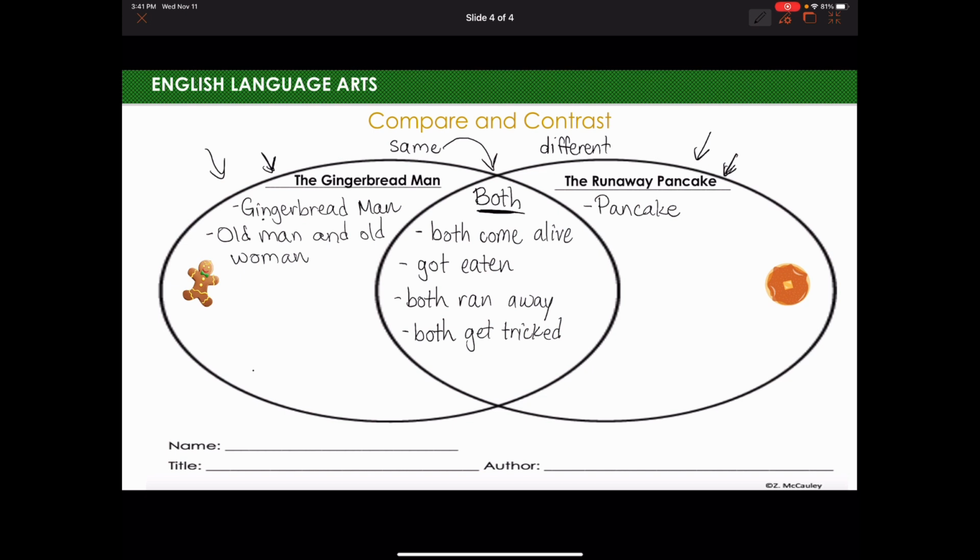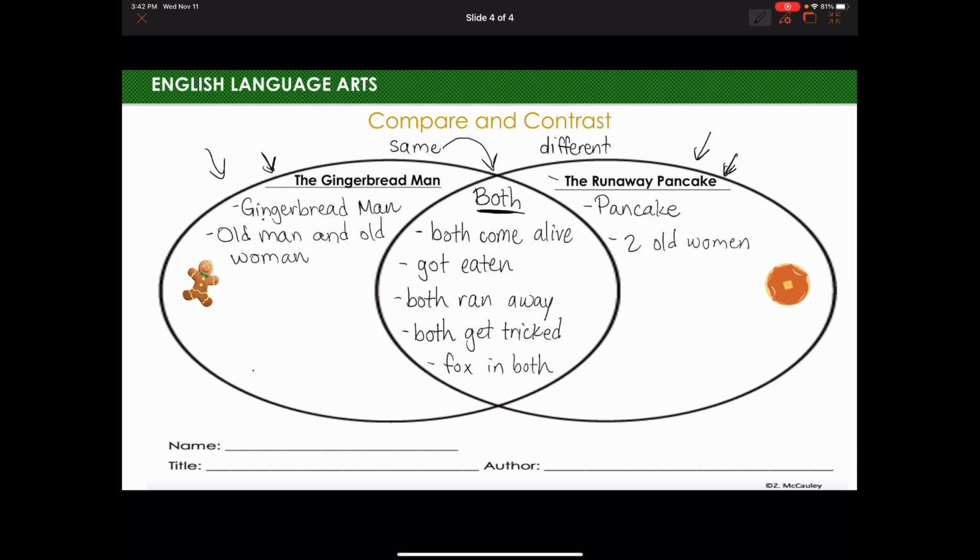And then we also had a fox in this one, and we had a fox in Runaway Pancake too. So we could say there was a fox in both stories also. All right, but in the Runaway Pancake, we had two old women instead of a man and a woman. Okay.